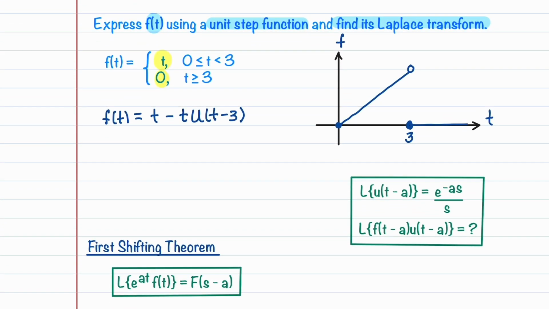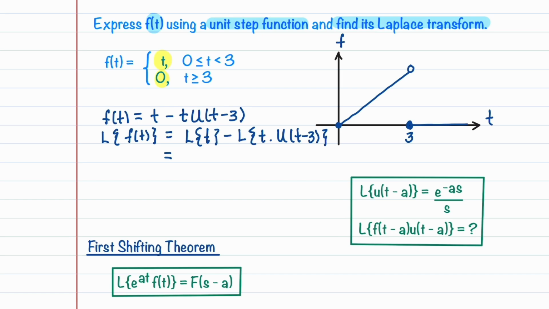Let's now find the Laplace transform. The Laplace transform of f of t is the Laplace transform of t minus the Laplace transform of t times u of t minus 3.